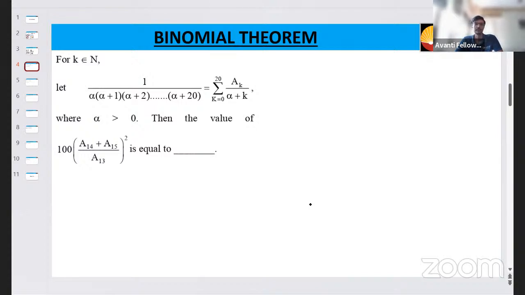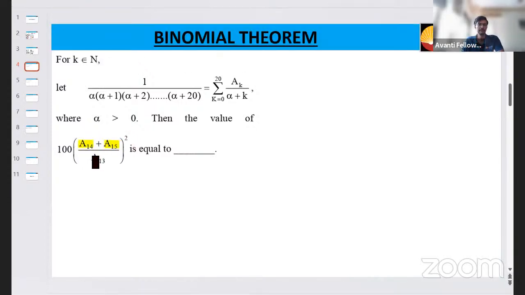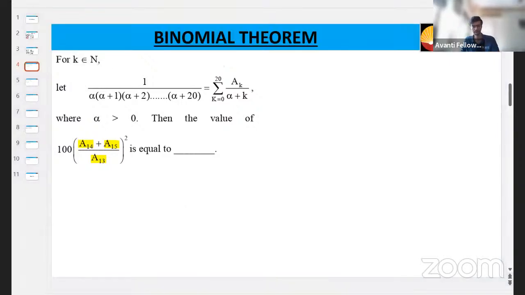Then the value of, so basically we need to find A14, A15, A13. If we get A14, A15, A13, then we get our answer. Correct?